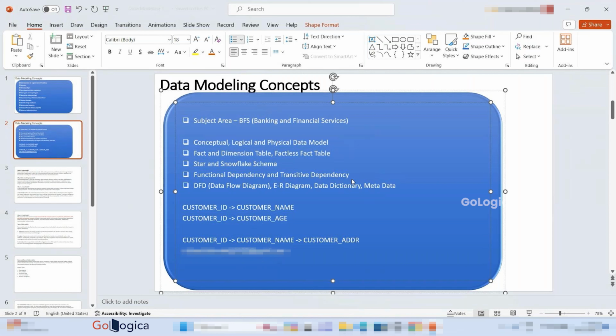When we talked about relational databases before coming to data modeling concepts, we went through two things basically: the data flow diagrams, and second, the ER diagram, which is just an entity relationship diagram.